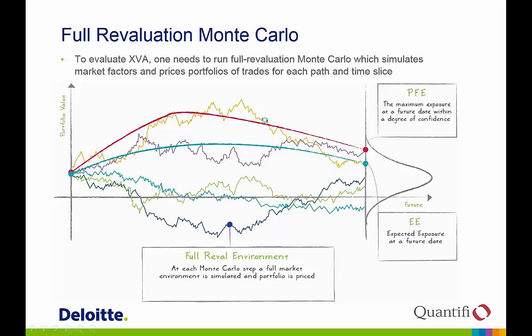And also using the same model, you can get positive expected exposure, you can get negative expected exposure, you also can get some other characteristic like PFE, which is used for economic capital and which is just the confidence interval of some level, maybe 99% for some future dates.